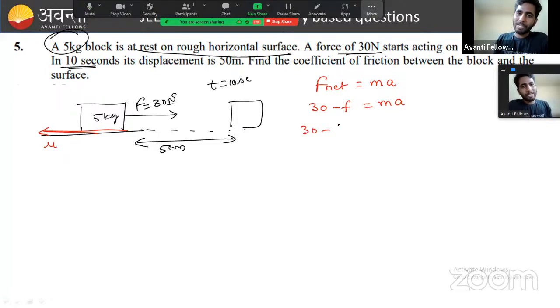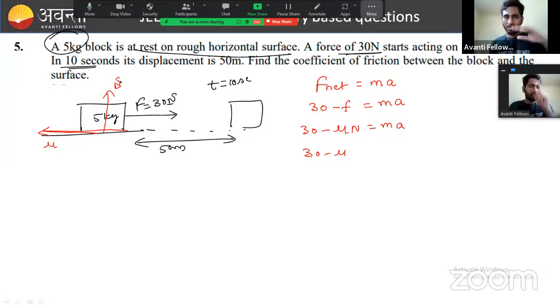So 30 minus frictional force mu into N is equal to m into a. 30 minus mu into the normal force. Look at this one. This is the normal from the contact surface to that object. It is balanced by the downward weight, which is nothing but 50 Newton.